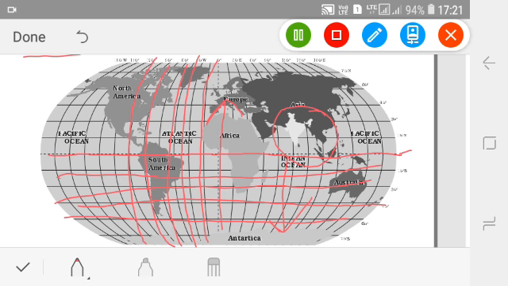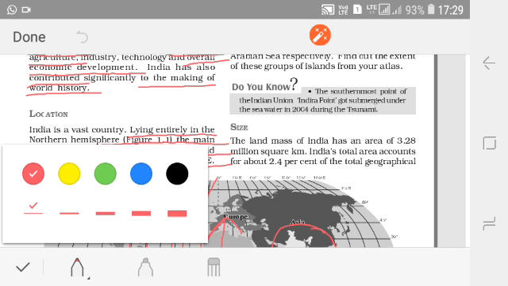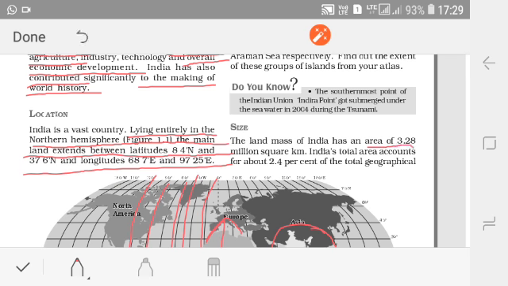Now in the yellow box it is given southern. Now see the size of India. It is written here, the landmass of India has an area of 3.28 million square kilometer. Suppose 100 million square kilometer is the whole of the world, then India has an area of 3.28 million square kilometer.